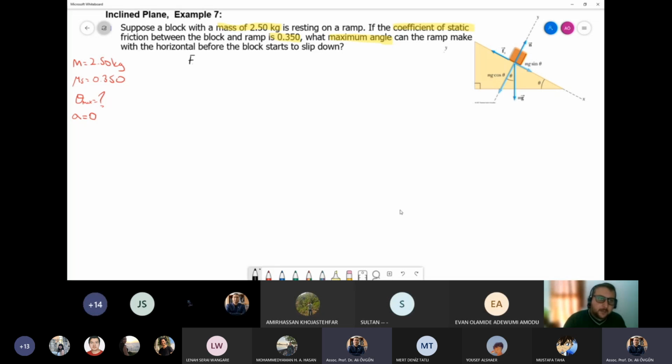So F net is equal to 0. This is a vector, so there are components. What are the components? The x component, F x net equals 0, and the y component, F y net equals 0.